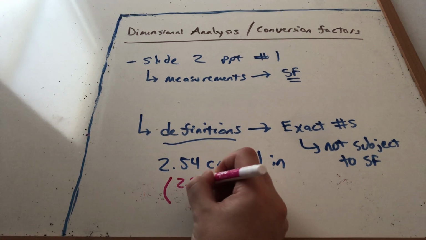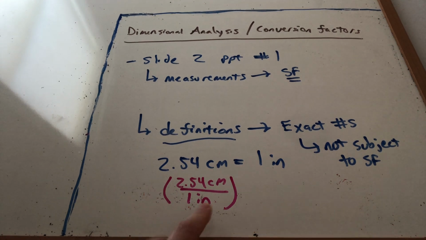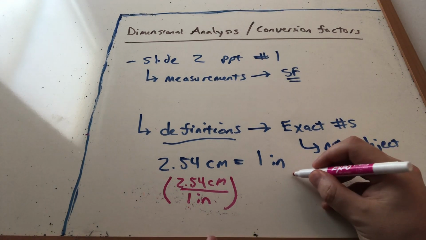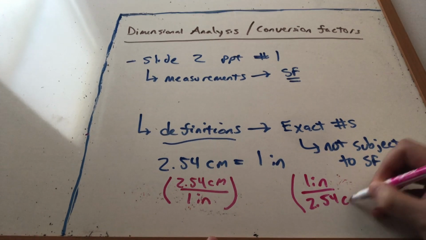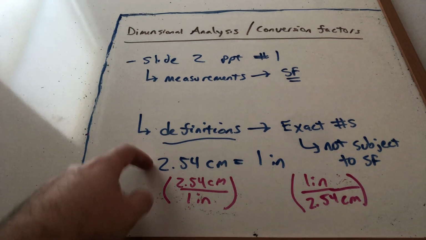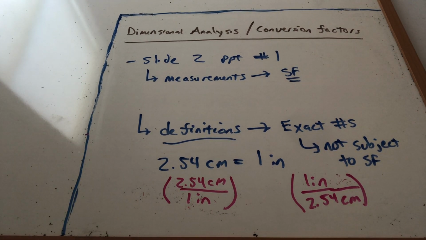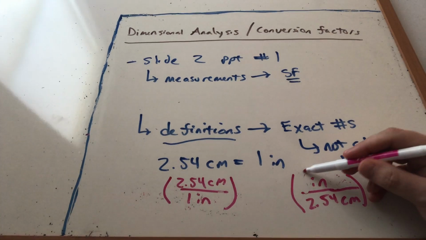I can say 2.54 centimeters is 1 inch, and I could take inch information and make it centimeter information, or I could do 1 inch is 2.54 centimeters. Just like our last example, whenever we have an equality, we have to be able to build the two different conversion factors from it. This would take inches and make it centimeters, and this would take centimeters and make it inches. This is a 1 here, just so you can see.